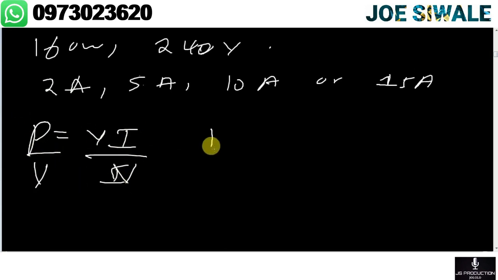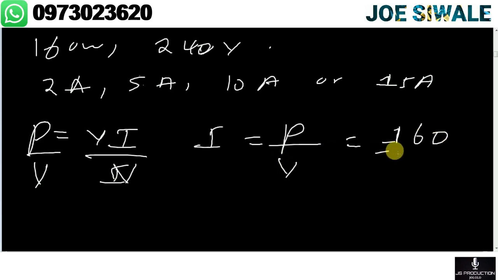So current is equal to power divided by voltage, which is 160 watts divided by 240 volts. That gives about 0.7 amps.